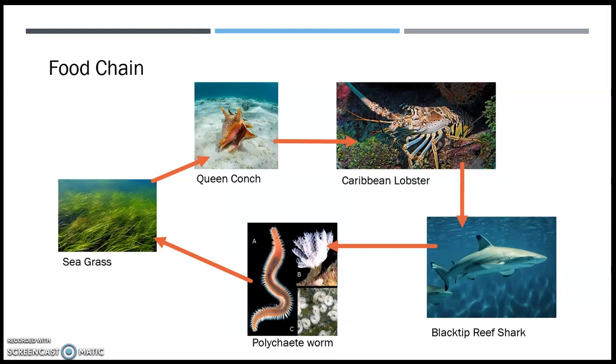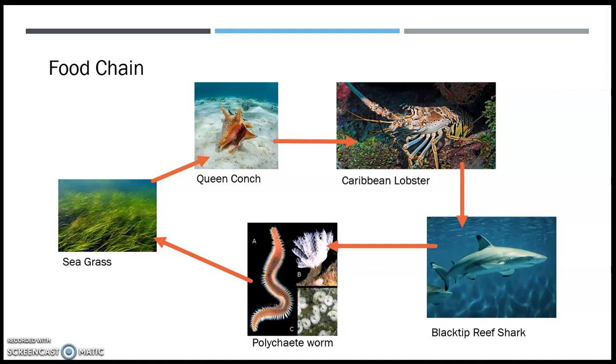Alright, so our food web kind of starts with seagrass. The grass will photosynthesize and create its own energy and grow. And then the queen conch will come and eat the grass and use its energy. The lobster would then come along and eat the queen conch and use its energy, and then the blacktip shark would eat the lobster.